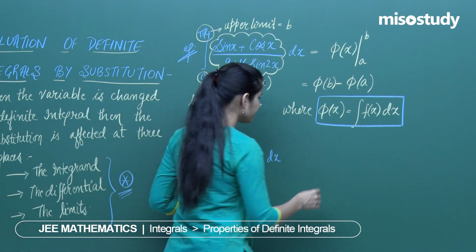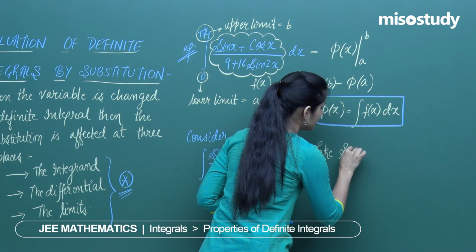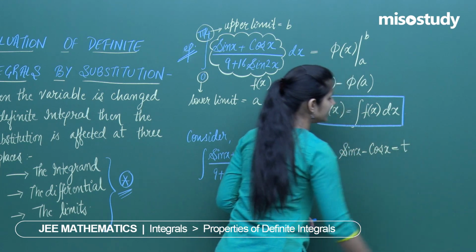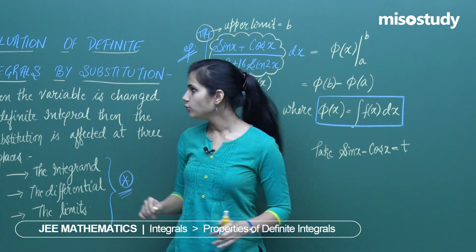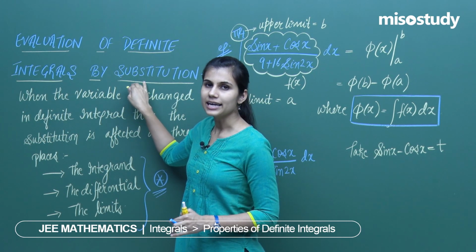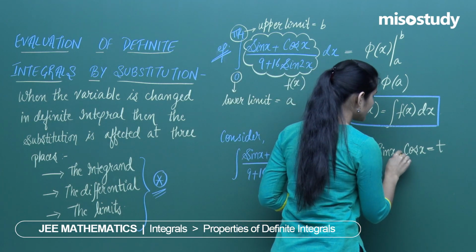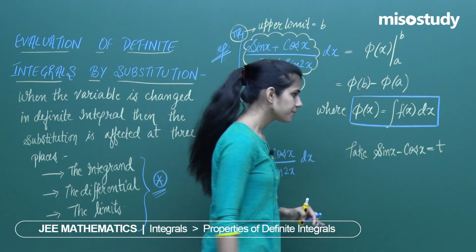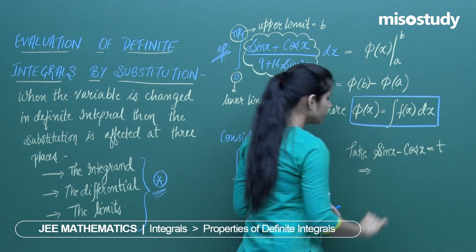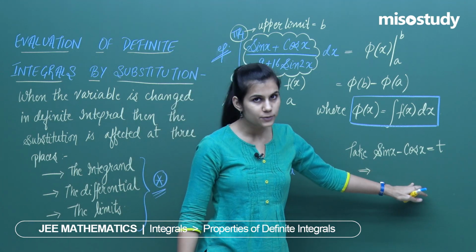Why? Let's see. If you take sin x minus cos x as t, this is where you are making a substitution. Next thing will be the differential dx converted in terms of dt.